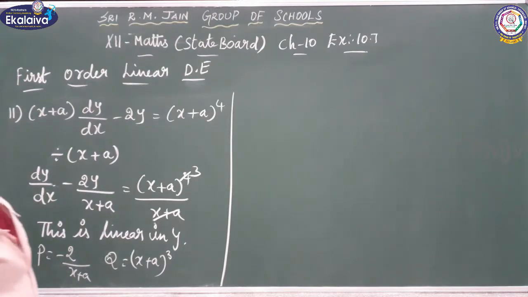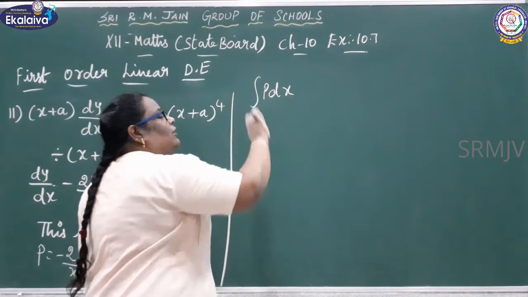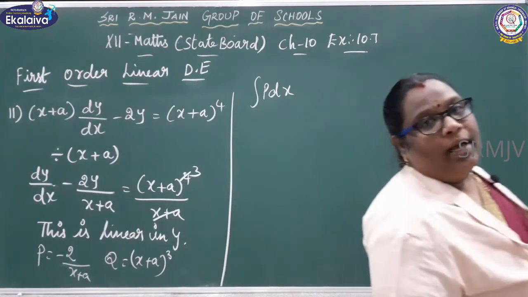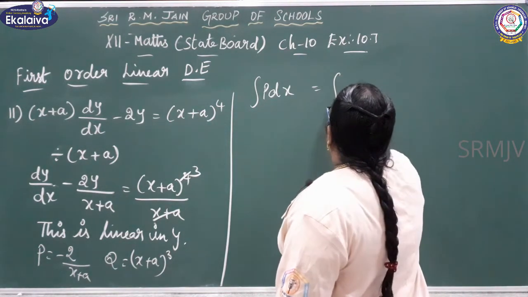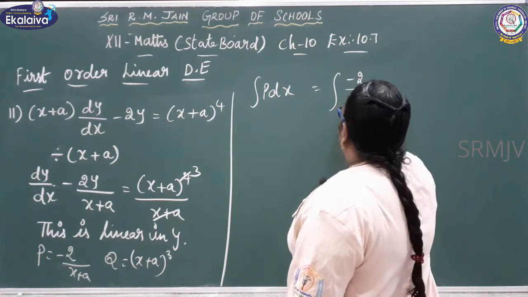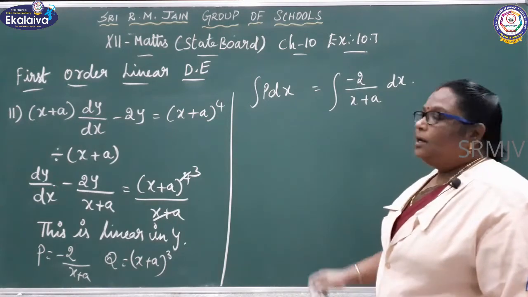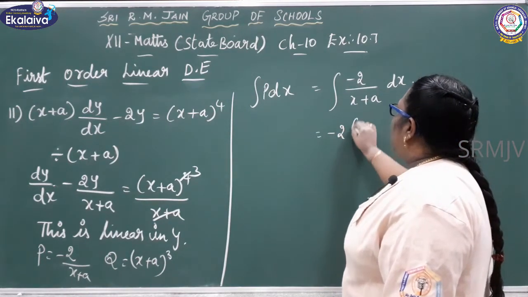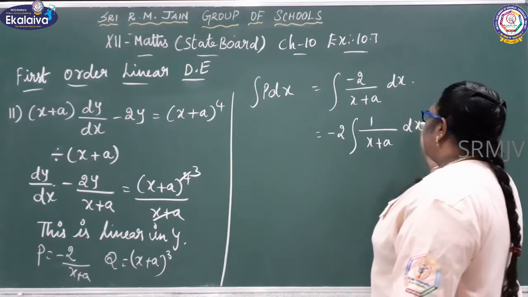So integral p dx, you have to find the integrating factor. Integral p dx equal to integral of minus 2 by (x plus a) dx. Minus 2 you can take out, 1 by (x plus a) dx.